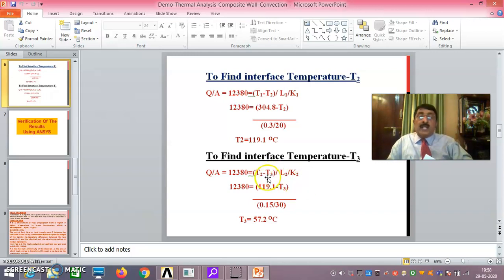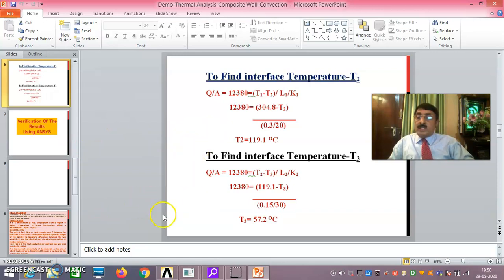T4 you find out. T4 will be the same as T0, 20 degrees only. Anyway, this procedure I told you is the theoretical method of finding interface temperatures, and also Q by A, the heat transfer rate through the composite wall.